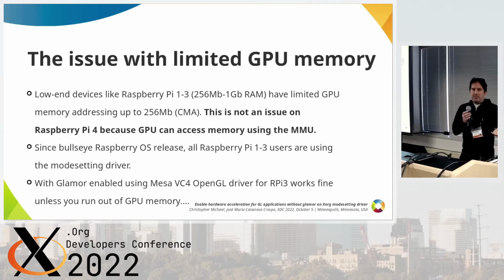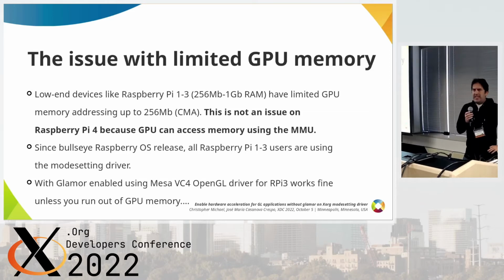In that case, if we run out of memory, we could have issues. This is not an issue in the Raspberry Pi 4 because the chipset includes an MMU, so we can access the whole memory. This has been used since the release of Raspberry Pi OS on the Debian full-size version.